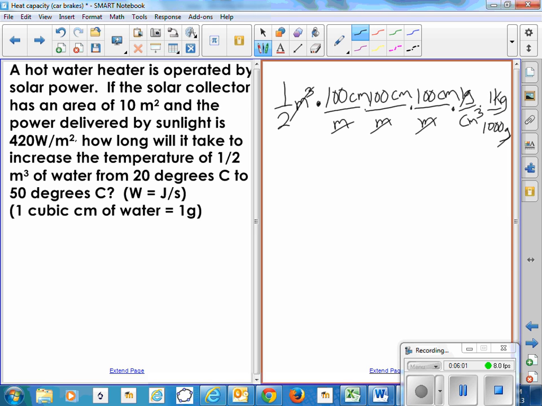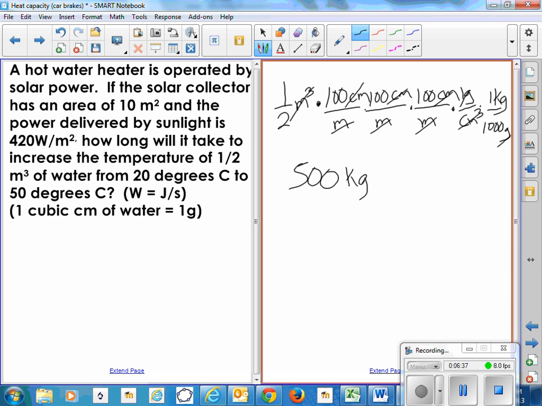Cubic centimeters cancel all of the centimeter units, so the only units left are kilograms. So we've converted it from a volume to a mass. There's a million; if I divide that by 1,000, that gives me 1,000. Then I divide by 2, that gives me 500 kilograms. You can just multiply everything across the top and divide by anything that's in the denominator.